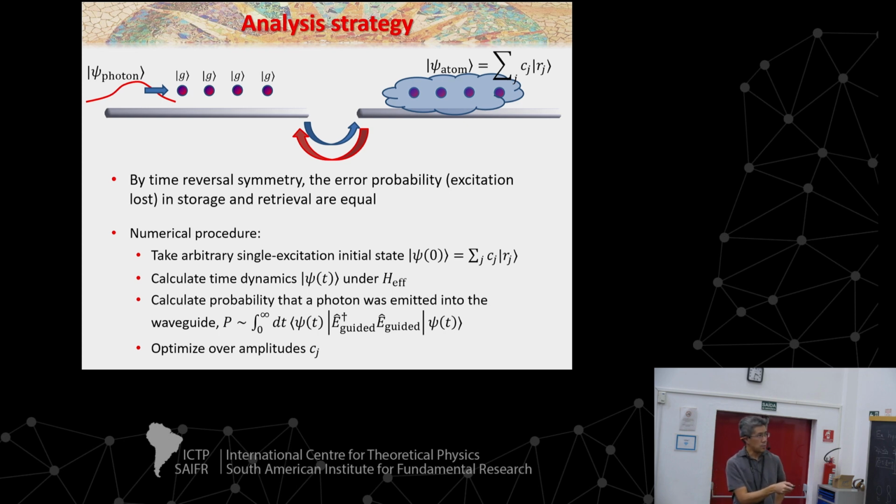Once I know the time-dependent wave function, I can calculate any correlation function of the fields that I want. In particular, I can calculate the intensity of light emitted into my nanofiber, from my initial time out to infinity. This is the total probability that I emit a photon into my nanofiber as opposed to 4 pi. If it's perfect, this probability would be 1.